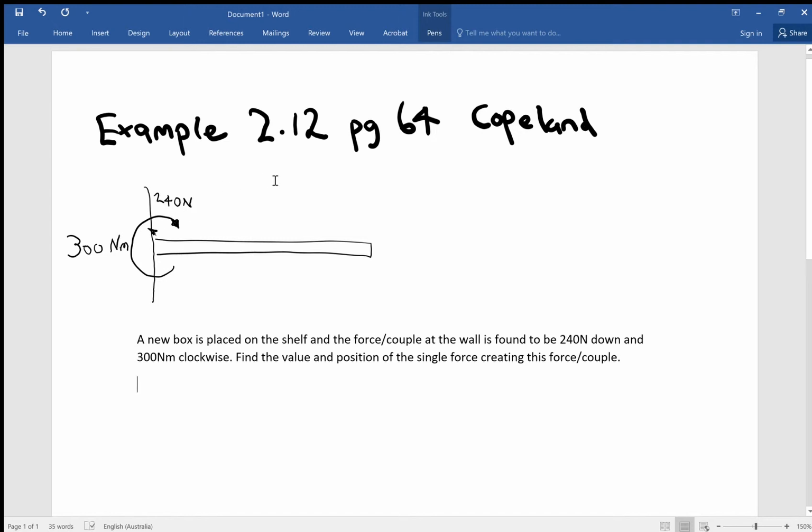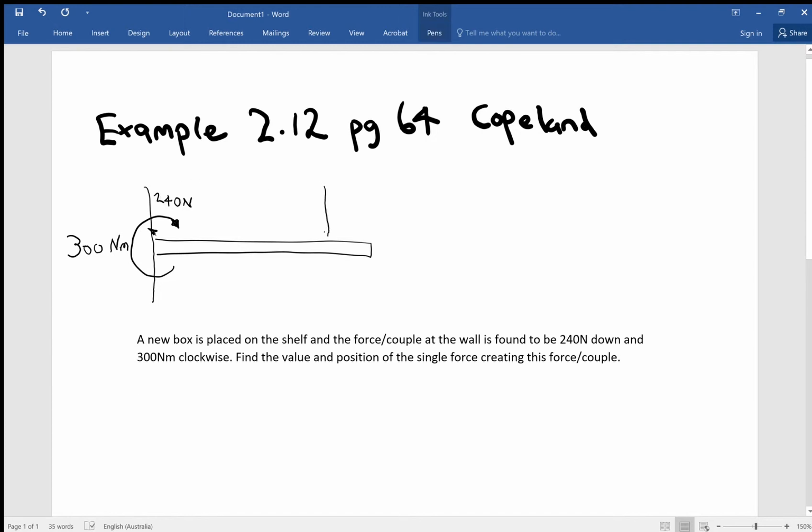In the first example, we had a force acting somewhere out on this shelf. So what we need to do is just the reverse of the previous problem. We're going to take this force that's acting down and move it out. So we need to take your 240 newtons and put it somewhere on the shelf.